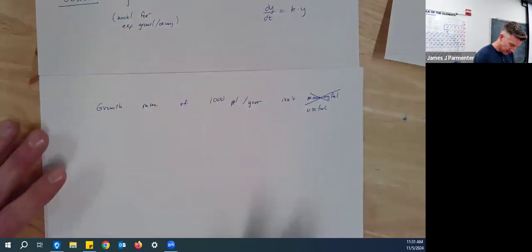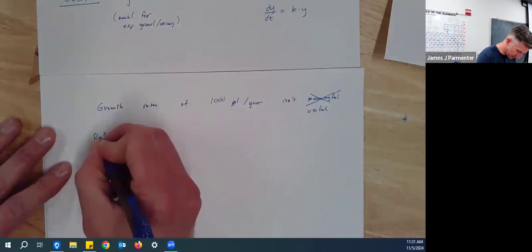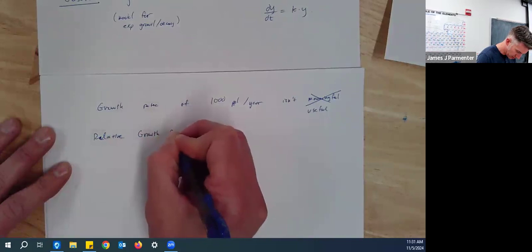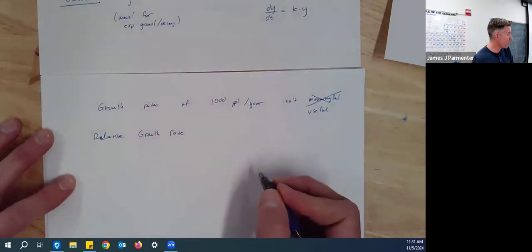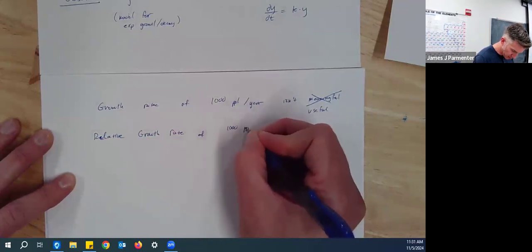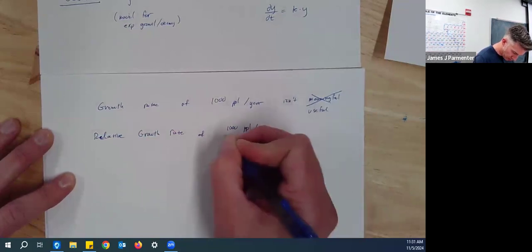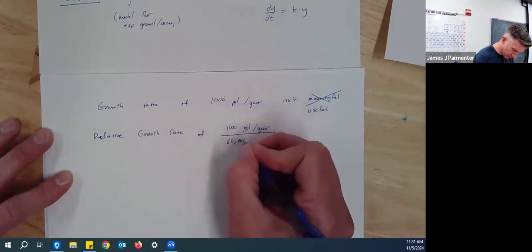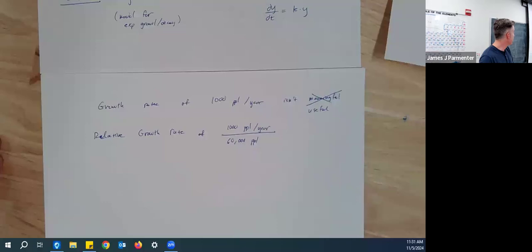On the other hand, a relative growth rate, meaning the growth rate per the population size, of 1,000 people per year per the total population, let's say it's Davis, of 60,000 people, that is a much more meaningful number. It's telling you, oh yeah, every year we're growing 1,000 people per the 60,000 people we have already.